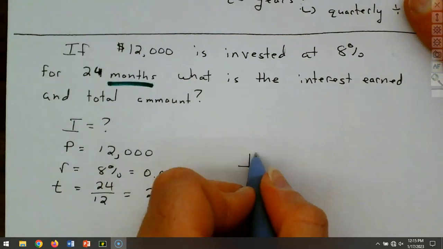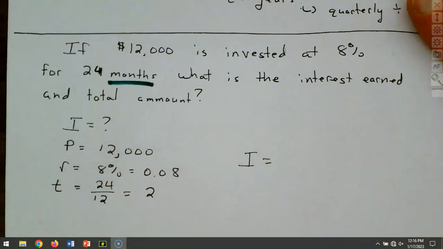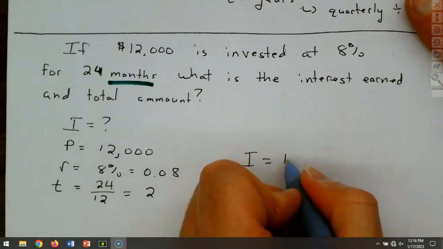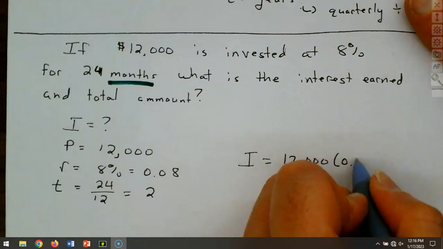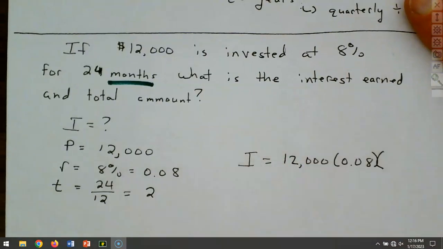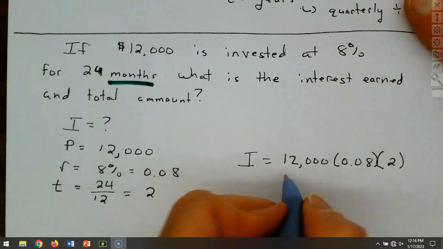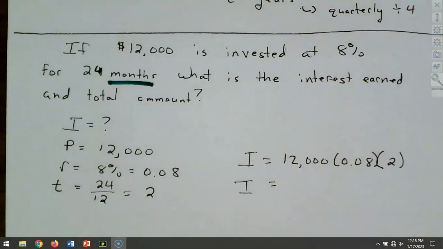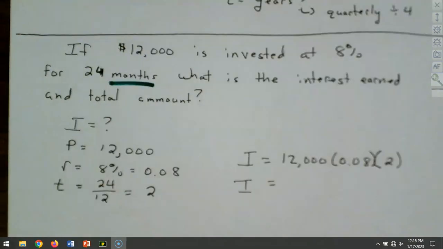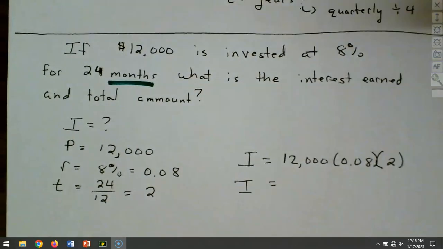So what would my interest be? When we plug the numbers into our formula, we just multiply these together. So 12,000 times 0.08 times 2. And that gives me an interest earned of $12,000 times 8% times 2 years.